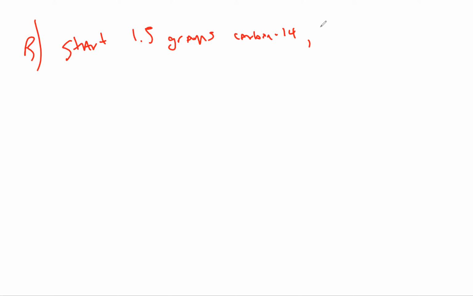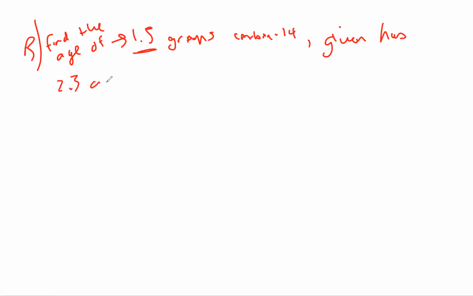Let's get rid of the word start. Let's say we need to find the age of something that has 1.5 grams of carbon-14 in it. So something has died, and it now has 1.5 grams of carbon-14 in it. We need to figure out how old it is, given that a living organism has 2.3 grams.